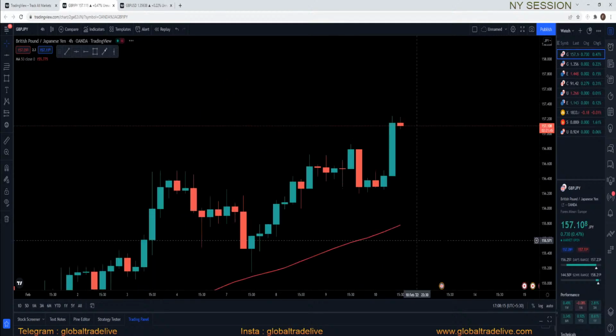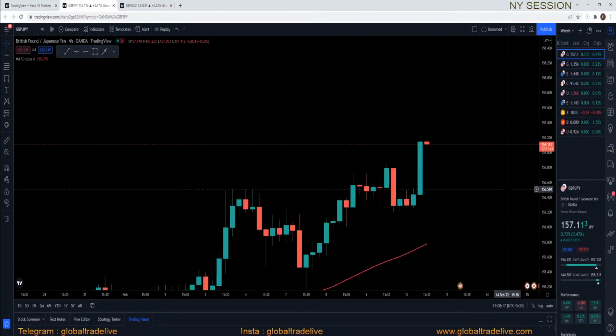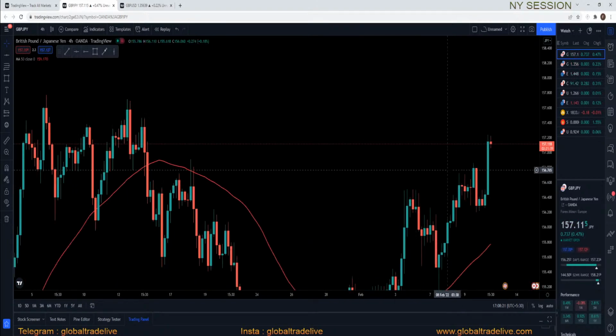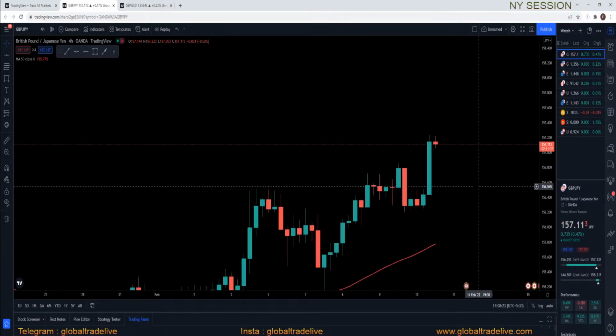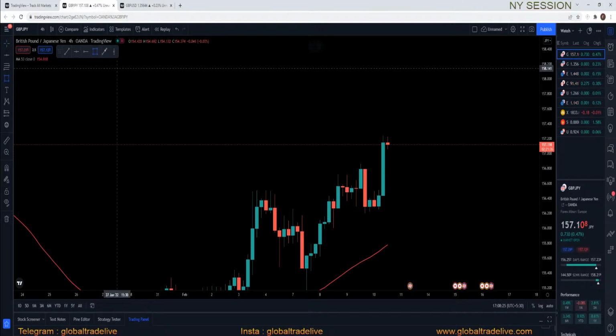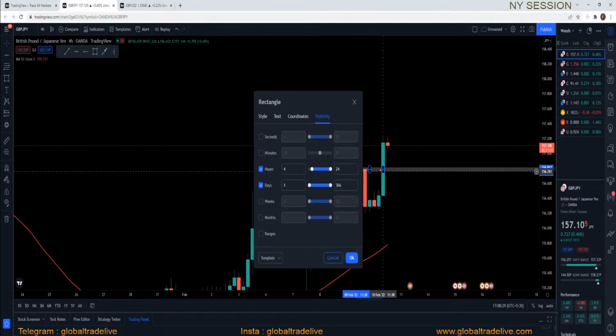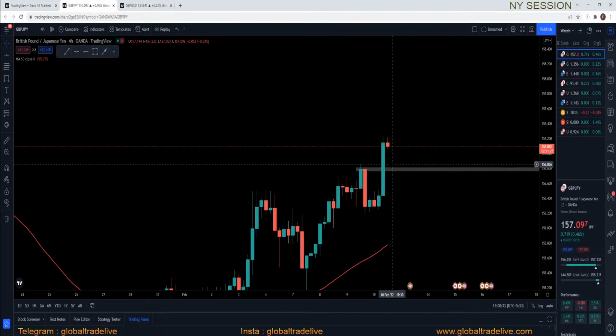Now I'm going to go to the 4-hour. Let's just see. First of all, let's draw an area of resistance over here. The 4-hour time frame broke above this area of resistance and now it can come down to test this area, or maybe it can reverse back and break its own high to move up, right?